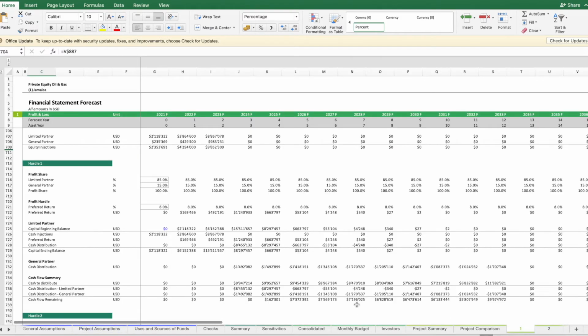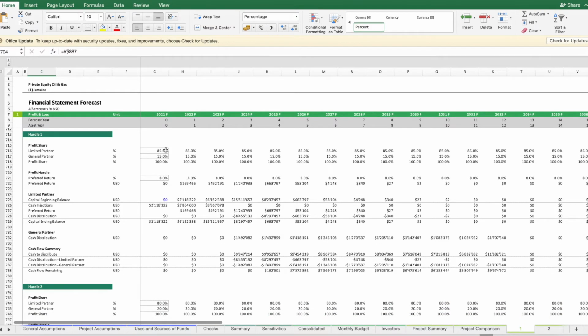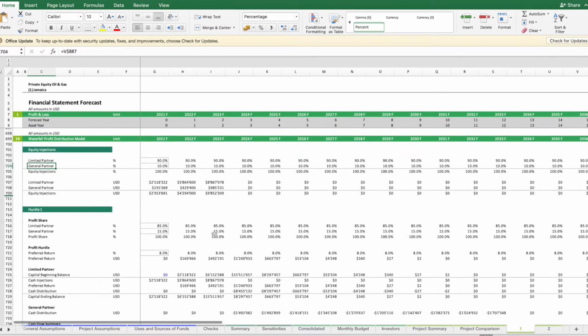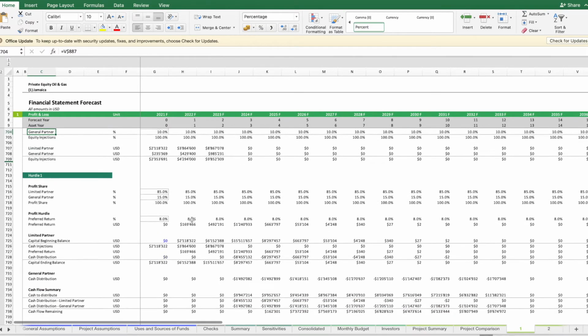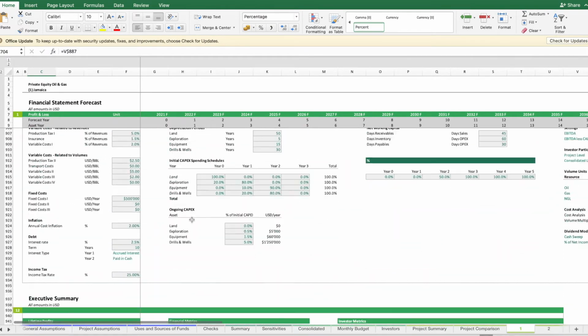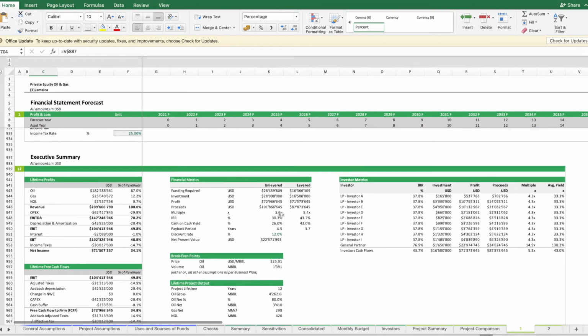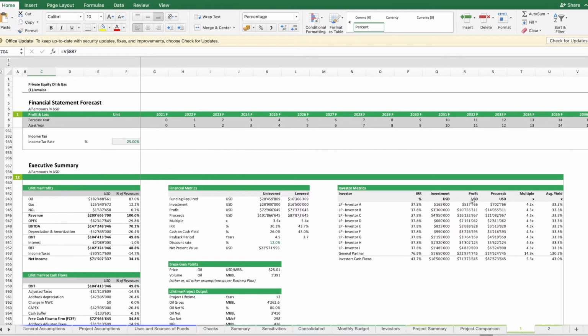This is a standard profit sharing scheme, and we just want to simulate how this would look. So we do this, and then based on that we also calculate the investor-specific returns, taking this profit sharing scheme into account. I think that's what I wanted to show you in terms of the project.